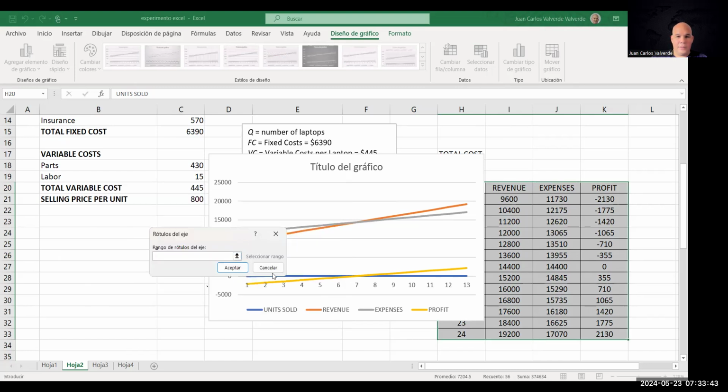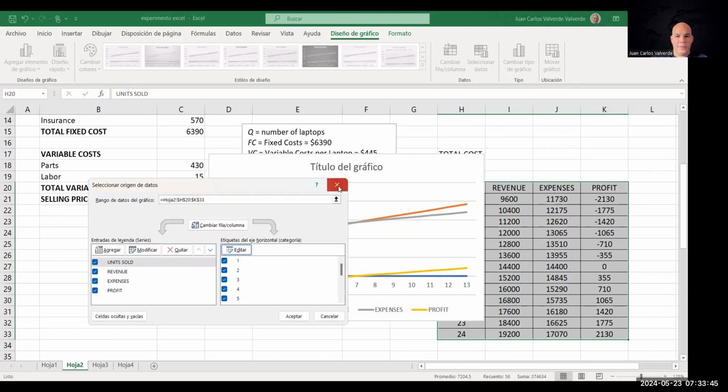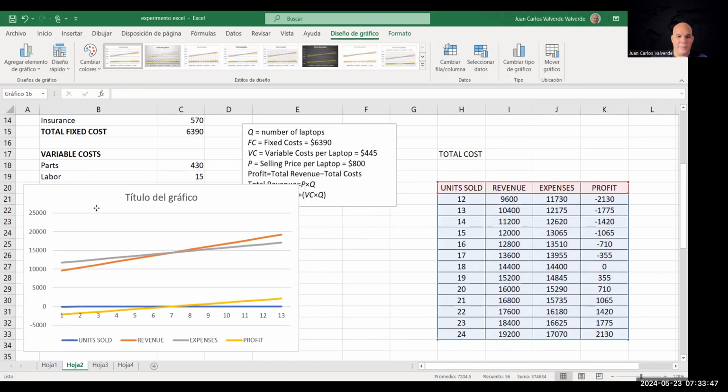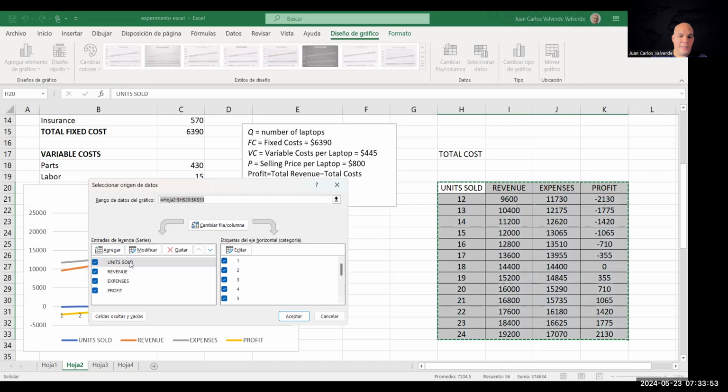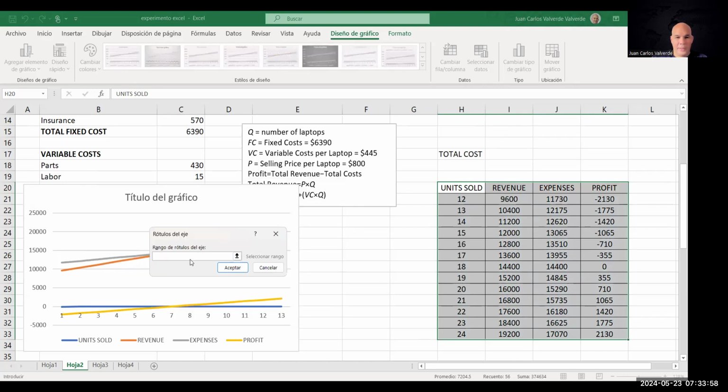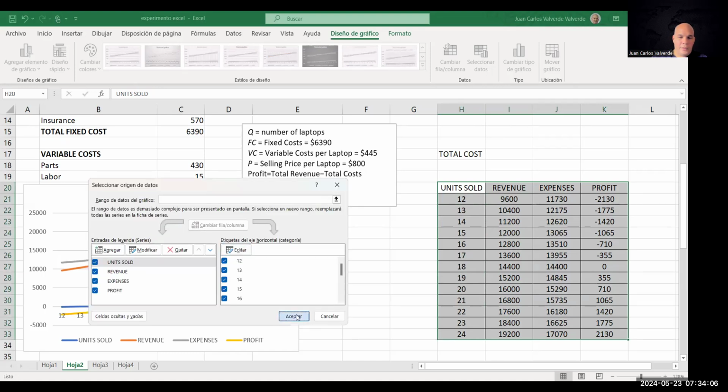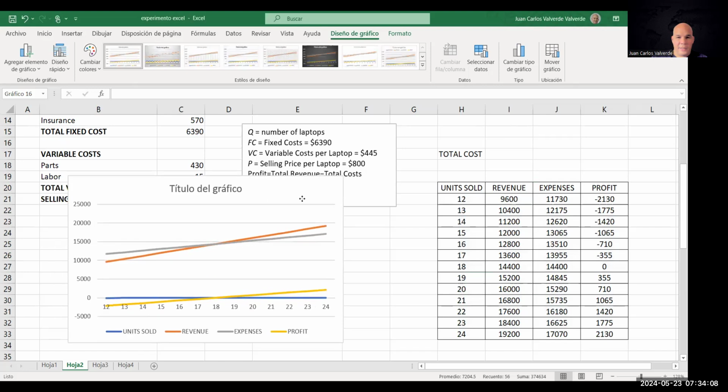Let me move this a little bit to the left. Okay, now let's do it again. It says select data. You highlight this part that says units sold. Click on edit. And this is the X, right? So you do this. You see, now it makes sense.